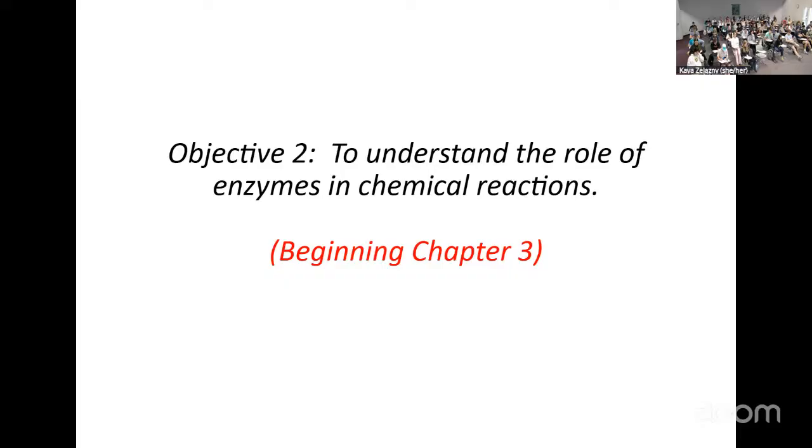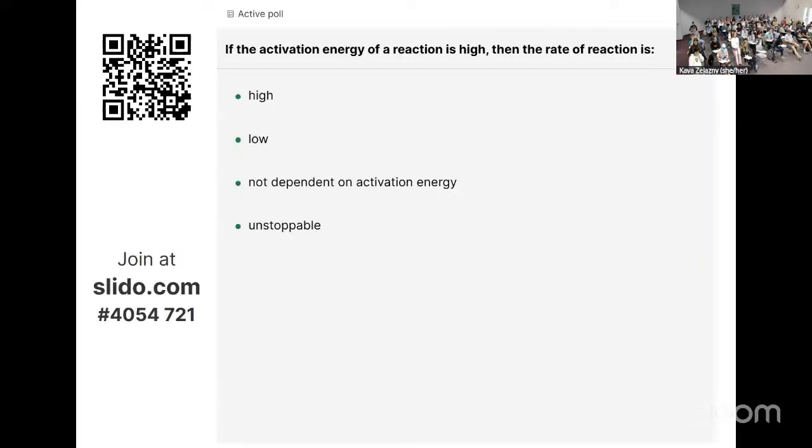If you're trying to link this up to your textbook, this is actually at the beginning of chapter 3, rather than in the section on biomolecules specifically. Okay. So since we're understanding enzymes in order to understand metabolic reactions, let's first review this concept of activation energy.